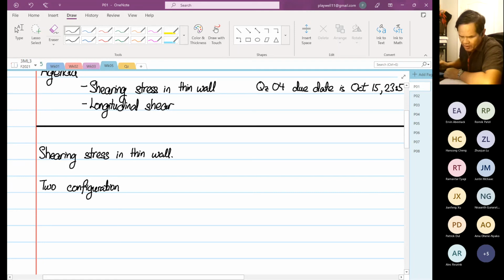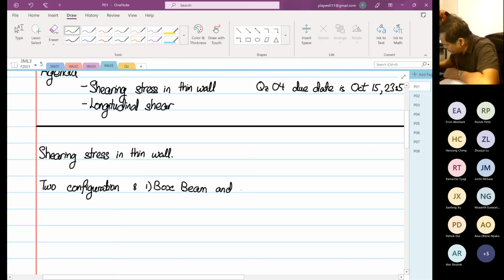One is known as the box beam, and the second one is called the wide flange.